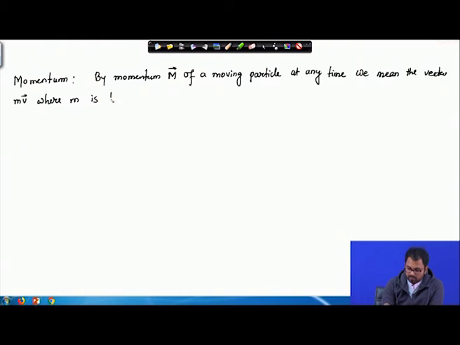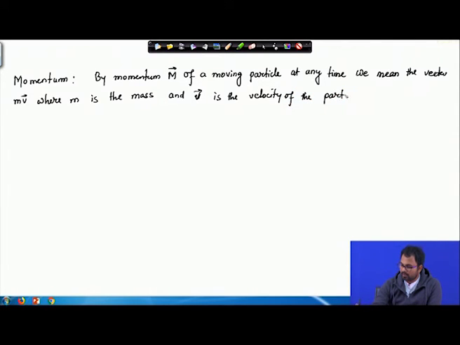m is the mass and v is the velocity of the particle, right.